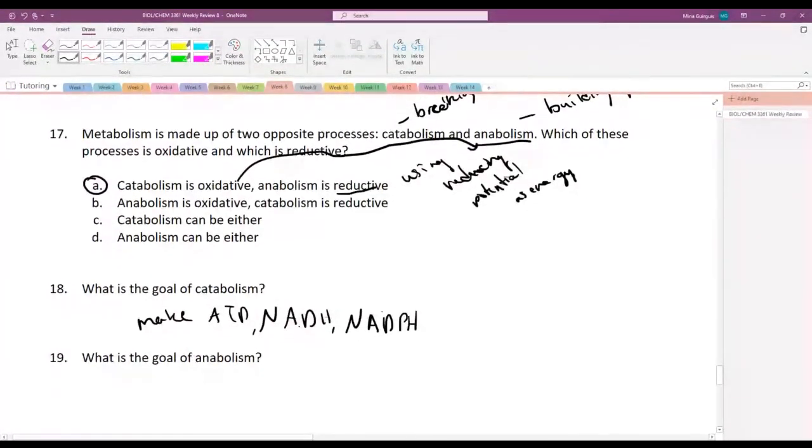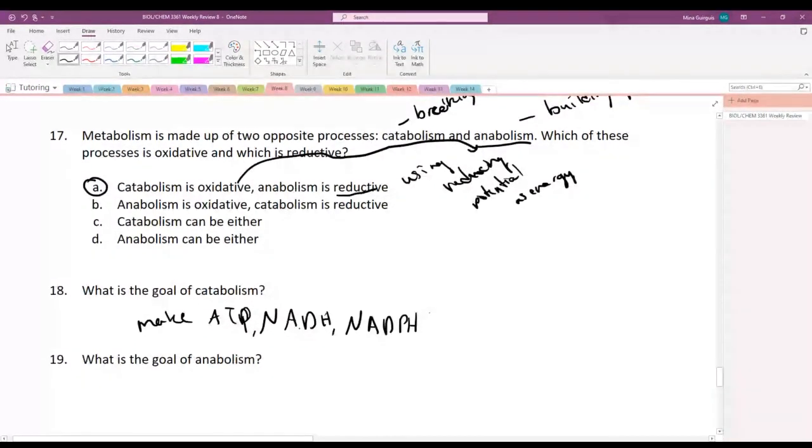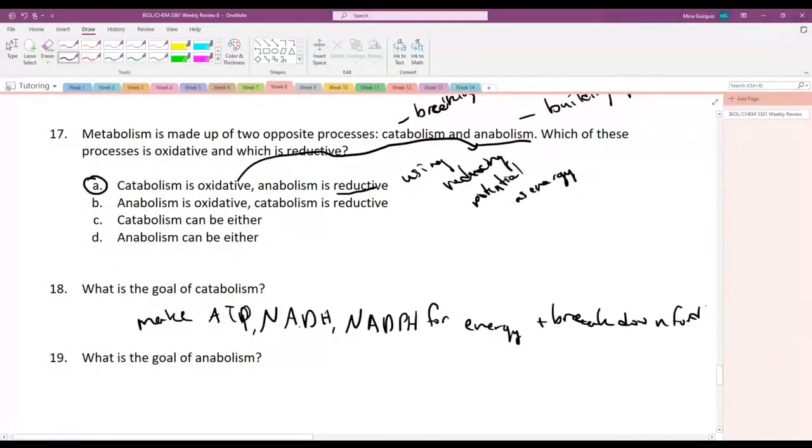These are three of the most common things that we can reduce to get energy, and break down food, right? We eat something, break it down, make those, okay?